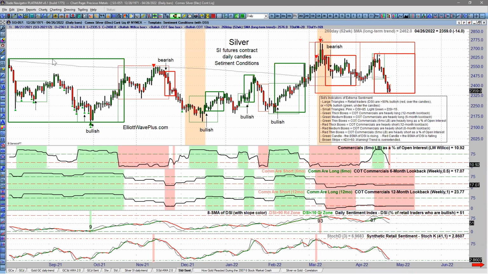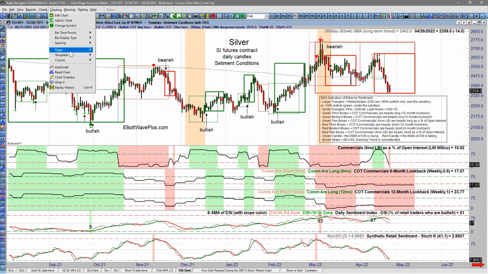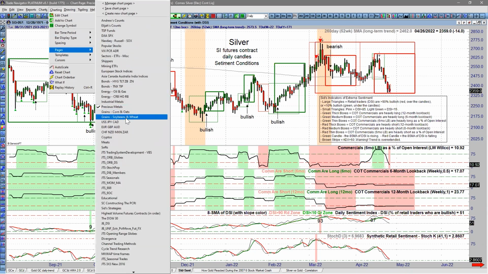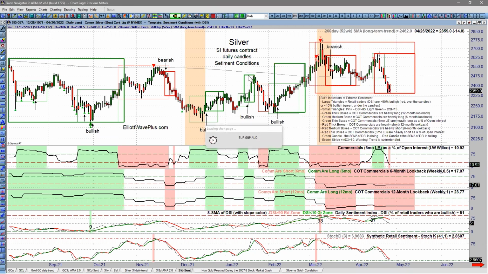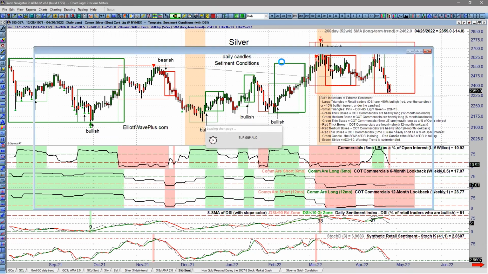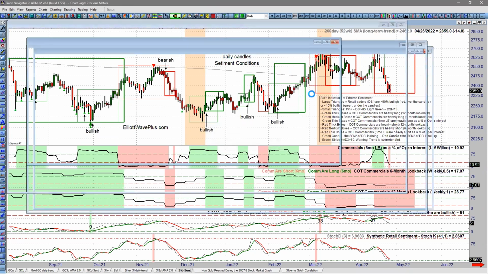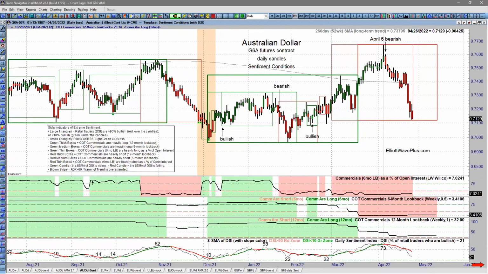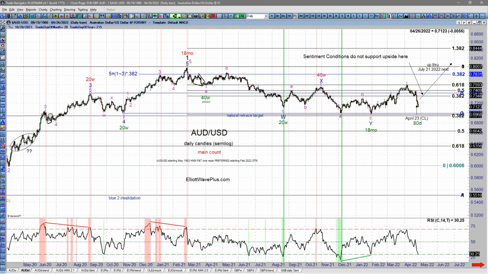Let me show you one other thing that I think has been a perfect example of what the sentiment conditions screenshots can provide to you. So as many of you know, I build Elliott Wave counts, and I incorporate Hurst cycle analysis into my Elliott Wave counts.